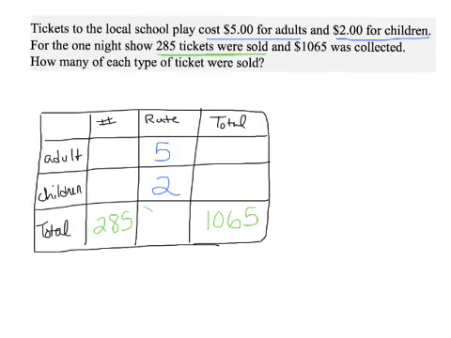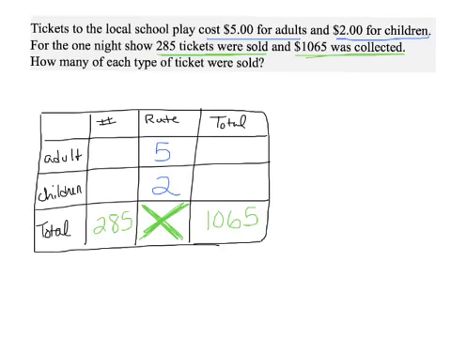In this case, this is a scenario where we will box off this bottom box because there's no way of comparing those two rates together. There's no average amount per ticket. So the total amount that was collected goes in that bottom right hand box. How many of each type of ticket were sold?